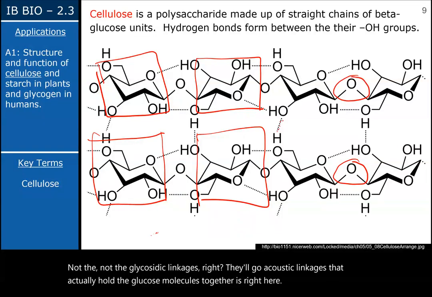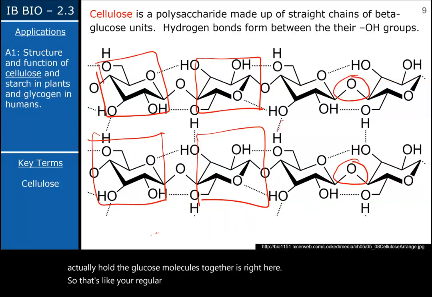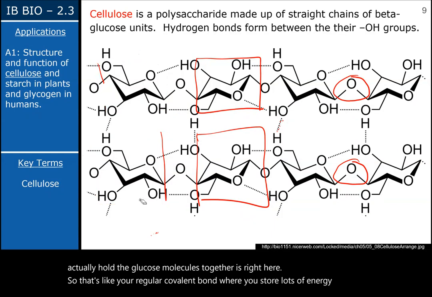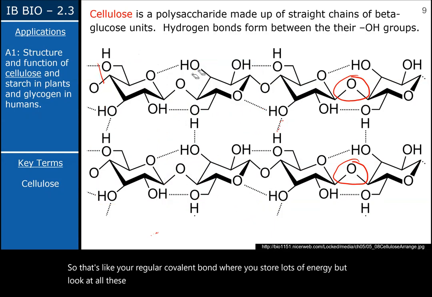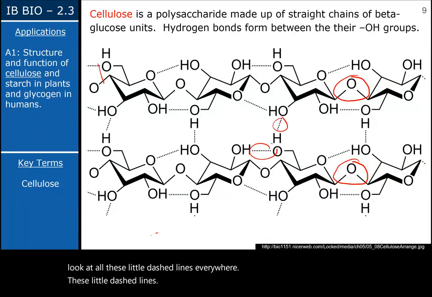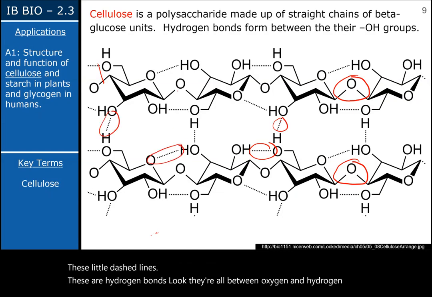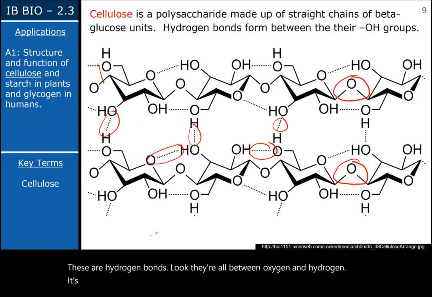So that's like your regular covalent bond where you store lots of energy. But look at all these little dashed lines everywhere. These little dashed lines, these are hydrogen bonds. Look, they're all between an oxygen and a hydrogen. It's all these hydrogens checking out all these other oxygen side chicks.